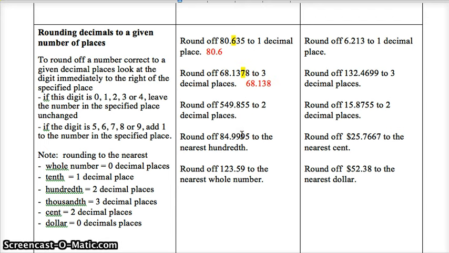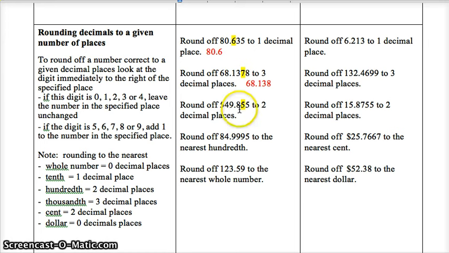Now looking at the next question. Round off 549.855 to 2 decimal places. First we need to find that second decimal place, and that second decimal place is this highlighted 5. So I need to decide, does that 5 stay as a 5 or does it go up to a 6?